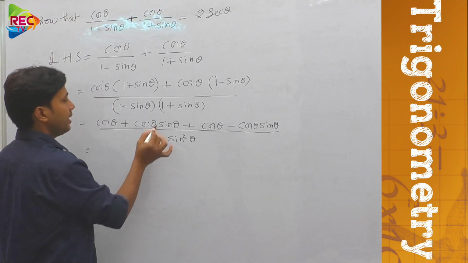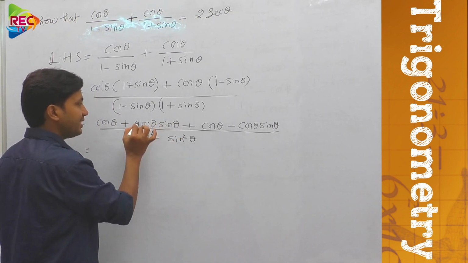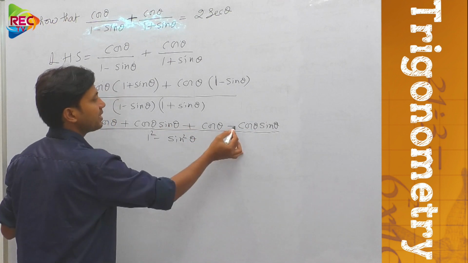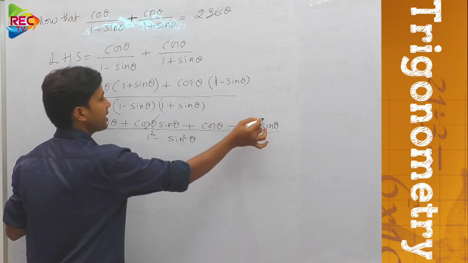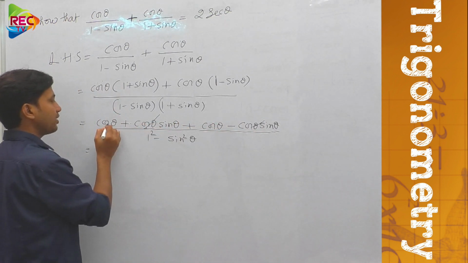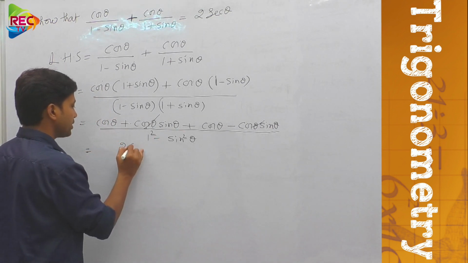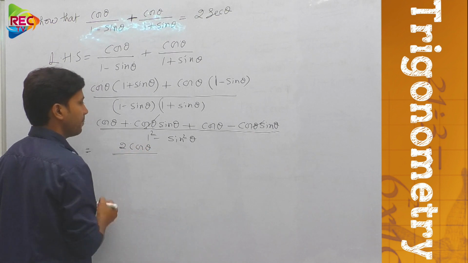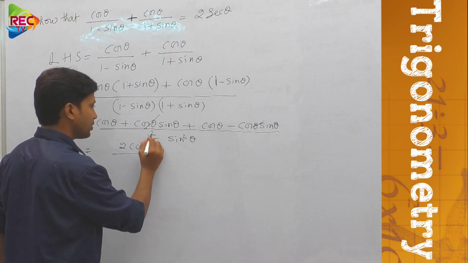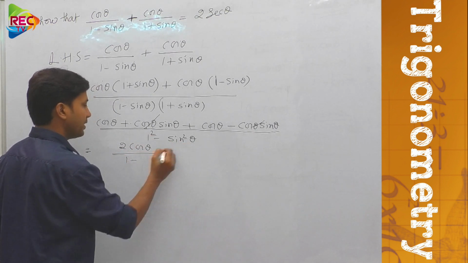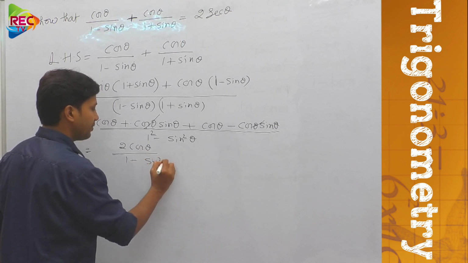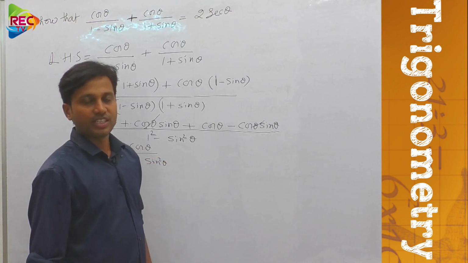Anyways, here the cos theta sin theta term is repeated twice but with reverse signs, so we can cancel them. So cos theta and cos theta, 2 times we got. When added, it will be 2 cos theta by 1 square, which is 1 itself, minus sin square theta. Again here we need to use a trigonometric identity.